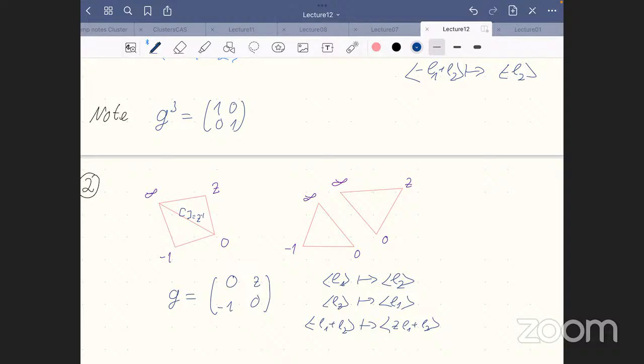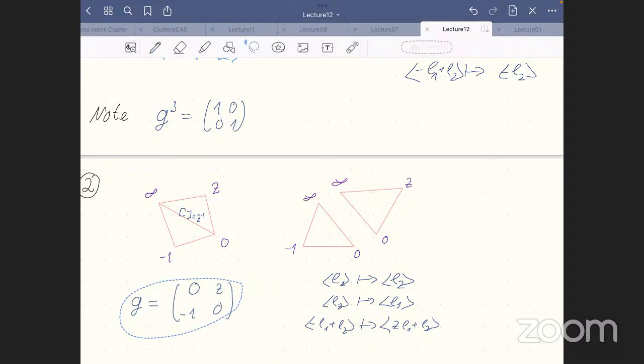Maybe like this. So it maps this vertex to here, this to here, and this to here. We cannot just map -1 to z because this will change our rotation. So we map this vertex to here and permute the other two.